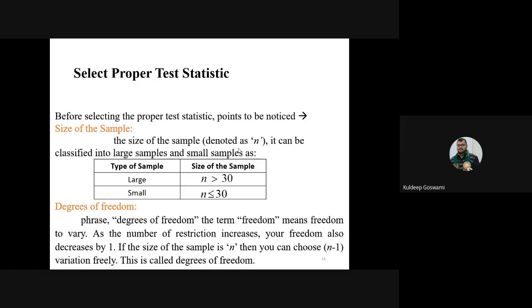Here the sample size is denoted by n. Sample size means, if I need the height of the students of this class, I think approximately 32 participants are registered for this program, and say this is the size of the population.